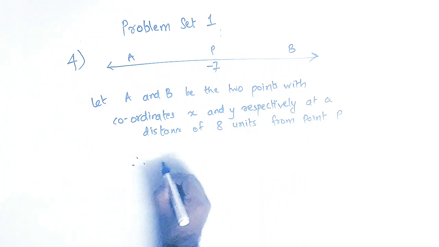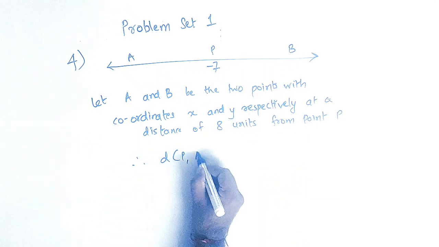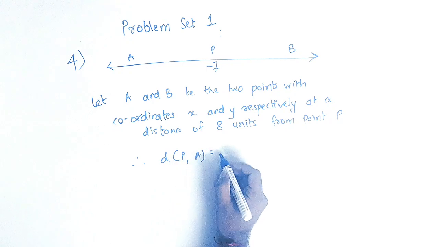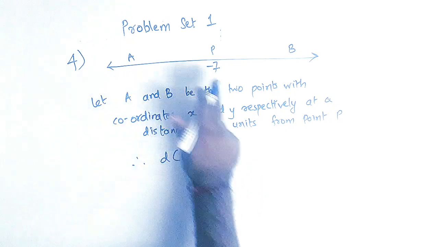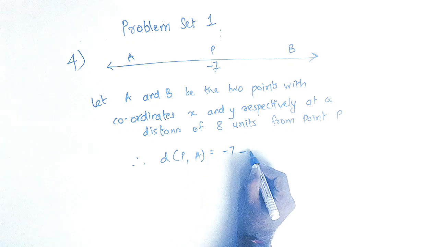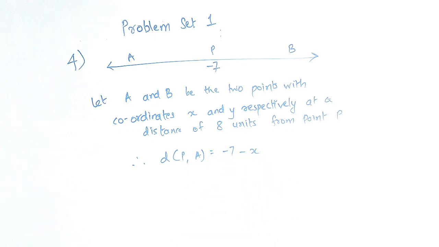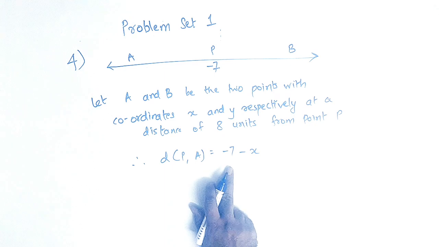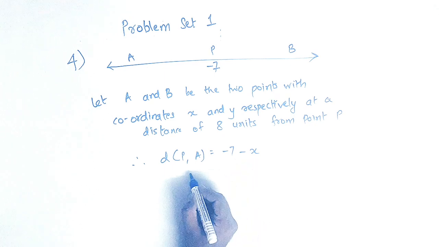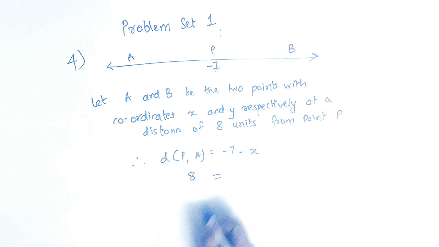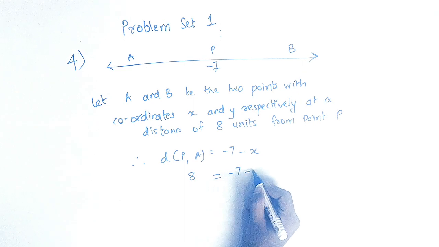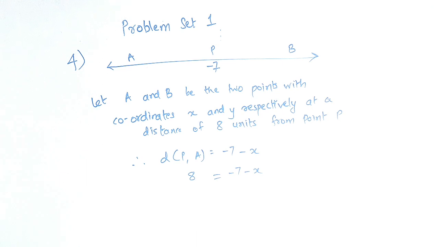So therefore I'll write, distance PA is equal to, I'll write this one is greater, so -7 minus x, correct? Bigger coordinate minus smaller coordinate. This we know children, this is 8. They have given the distance is 8 units. So -7 minus x remains the same.